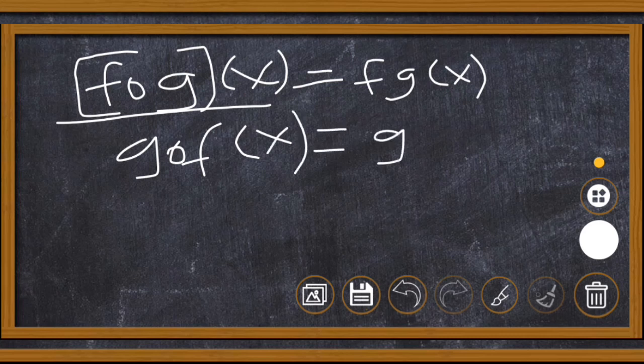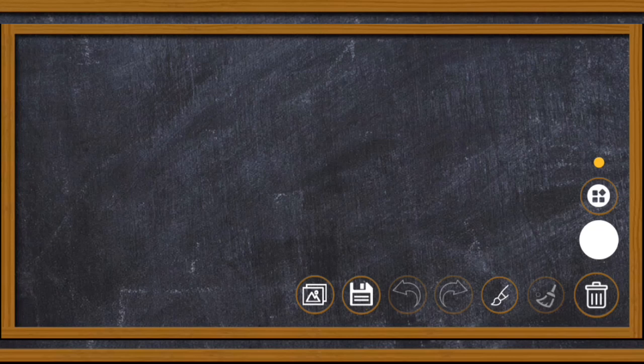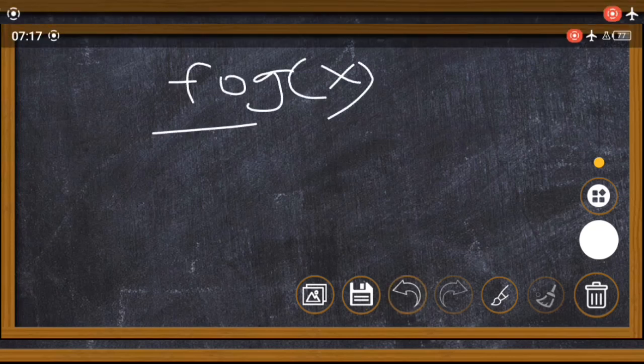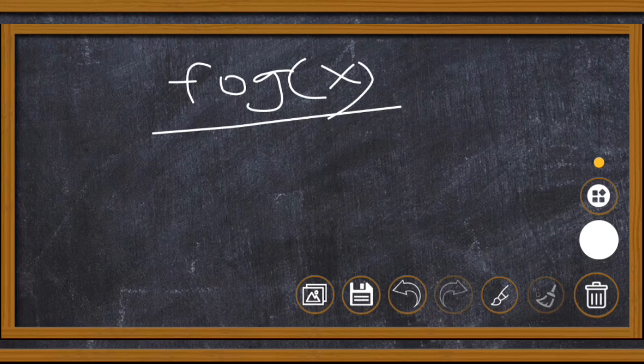So even if you have g f of x, this also is a composite function. This is how the composite functions are represented. So you can be given two functions and then be asked to find f of g of x. Okay, so let's look at examples so that we can understand much better.